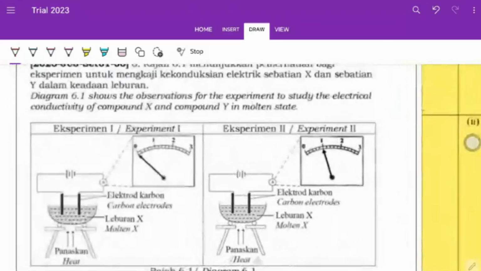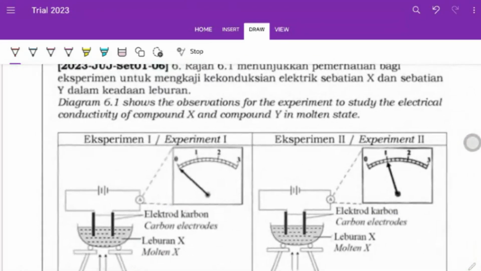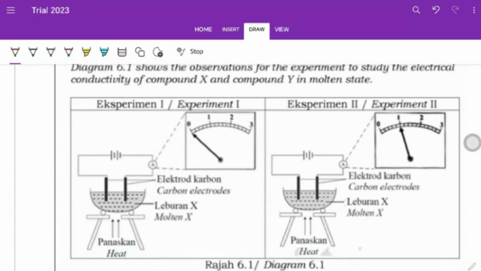Okay, next here. This one is very similar to your exam, right? In the molten state, compound X and compound Y. So here already molten, so plus.